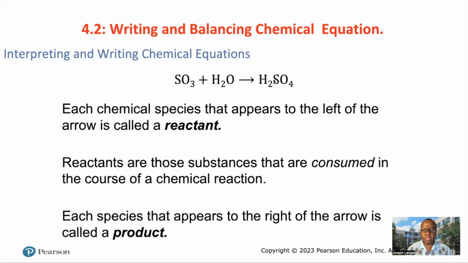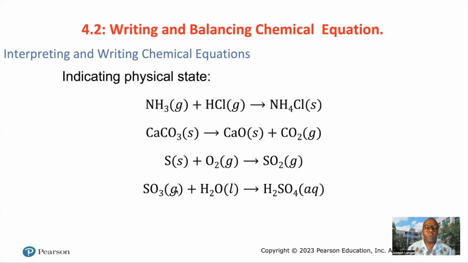Sulfuric acid is our product in this equation. So remember from this slide where the product and the reagent stand. Now, physical state in the previous slide, these are just the physical states of the reagents. This means they are in gaseous state. This is in solid state, gaseous state, and so forth.